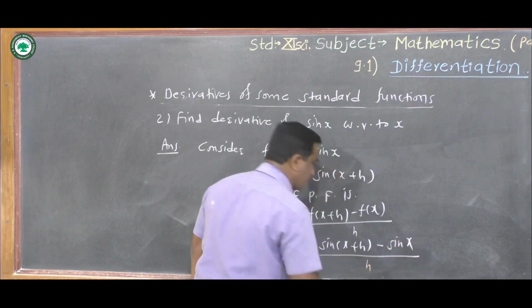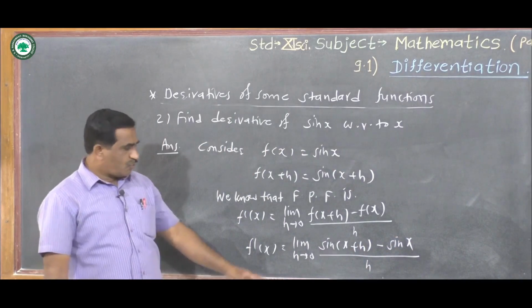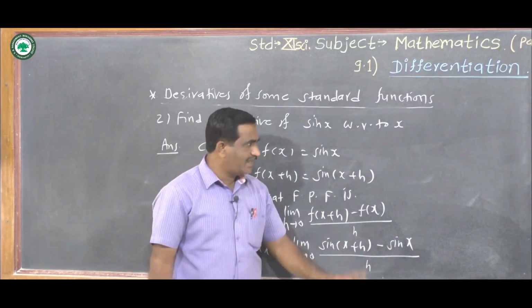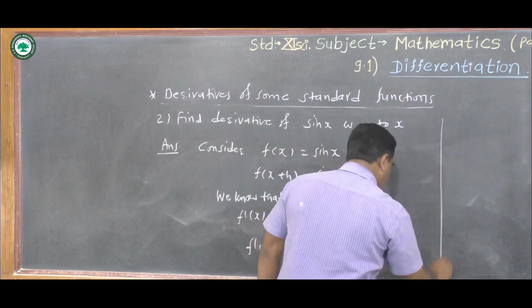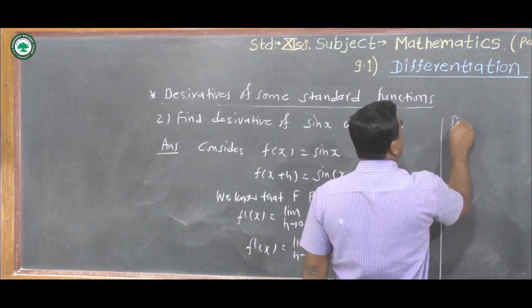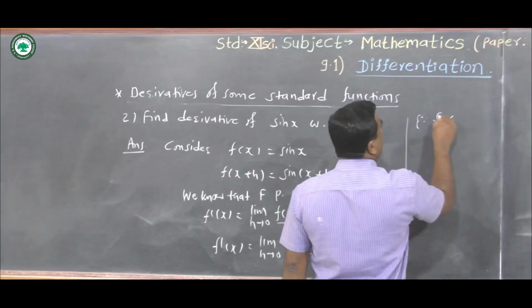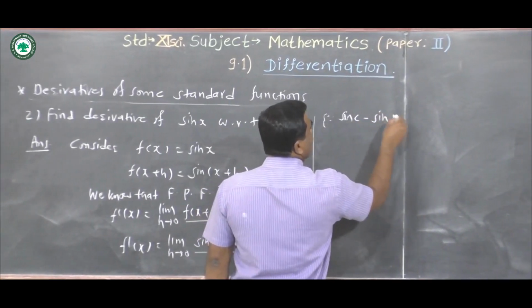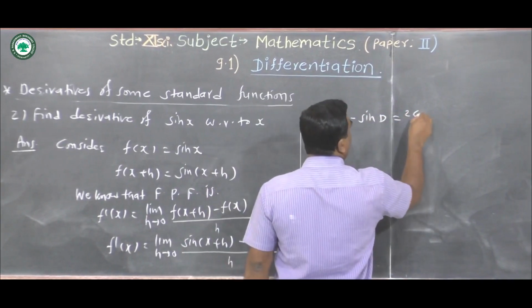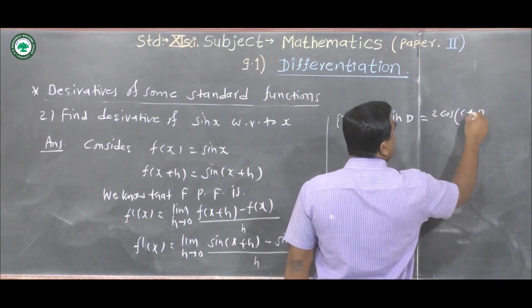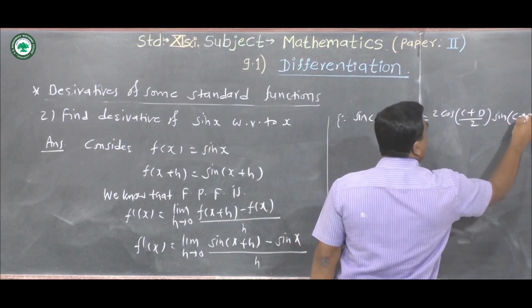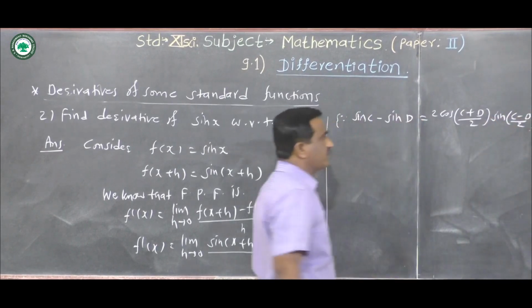upon h. Okay, now here we can use factorization formula, sin c minus sin d. Since sin c minus sin d is equal to 2 cos c plus d upon 2 into sin c minus d upon 2.